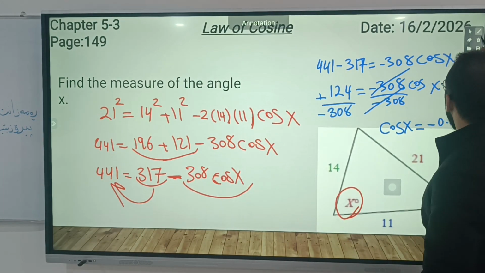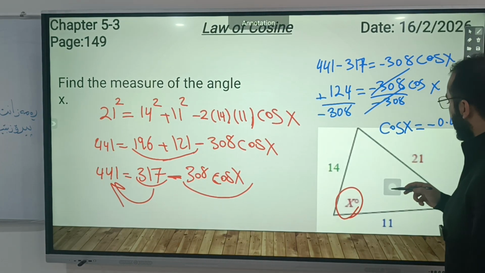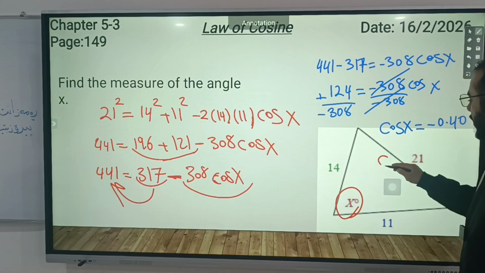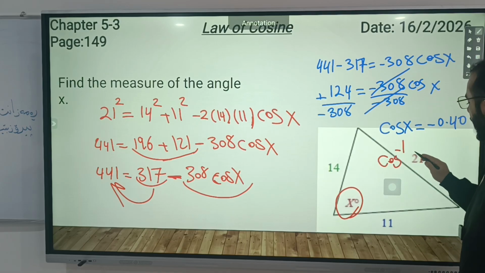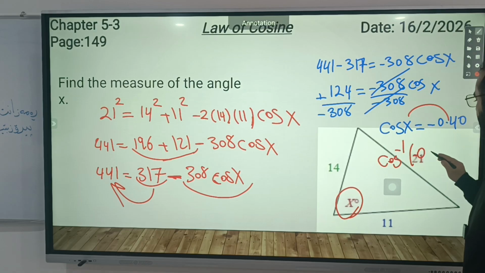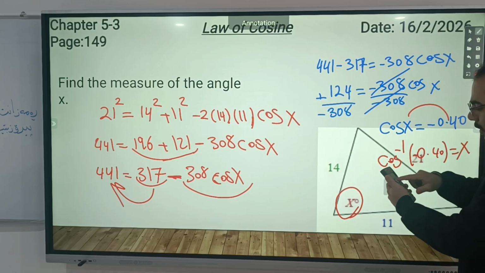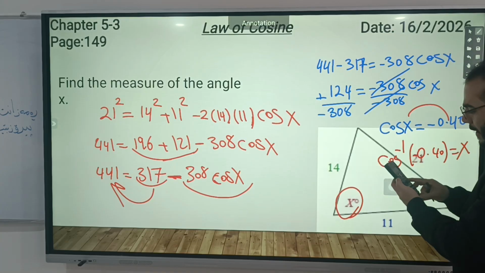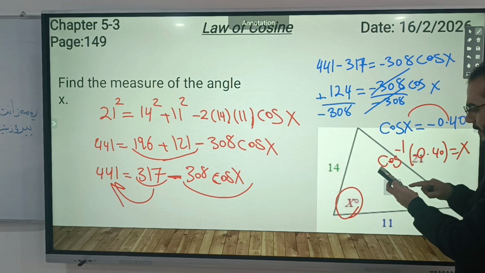So let's just take the inverse. How did we take the inverse? We said that cosine will become cosine negative 1, and the places of these two are going to be switched. So negative 0.40 equals x. So shift, cosine inverse of negative 0.40 is going to give us 113.